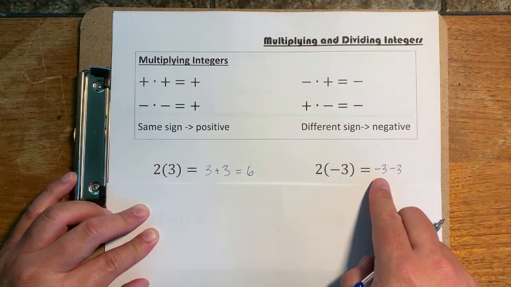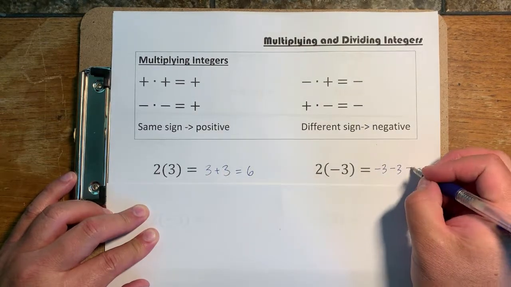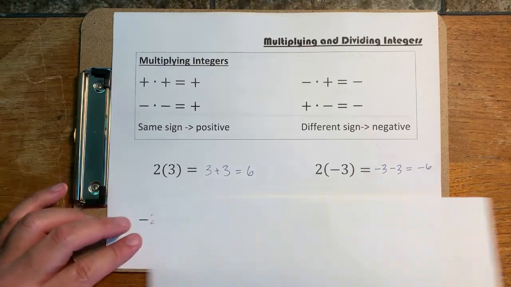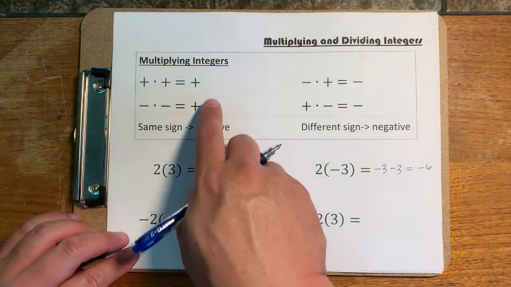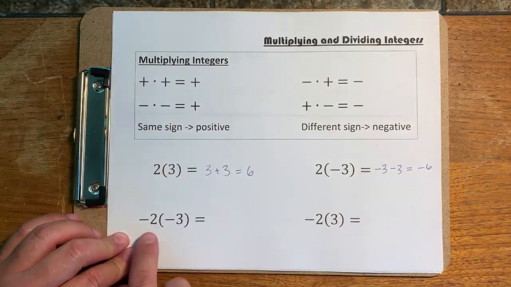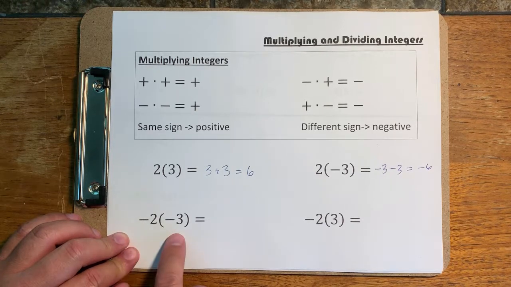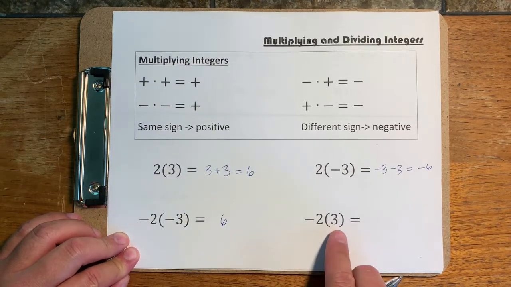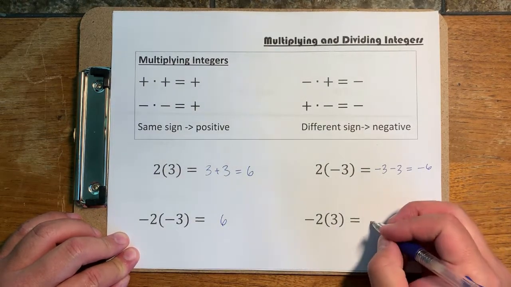So if I borrow $3 and I borrow $3, I should owe someone $6. Now, just using this table, we can see that a negative times a negative should be a positive number. So this should be a positive 6.